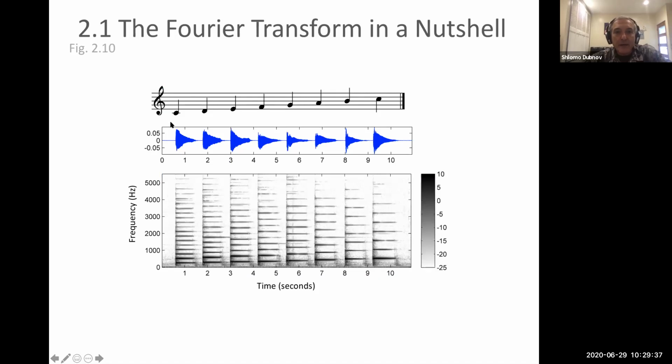So now, when we think about the process of moving from symbolic notation into waveforms, we had a piano in between here, and now we take this and analyze it in a computer by decomposing it into frequencies.